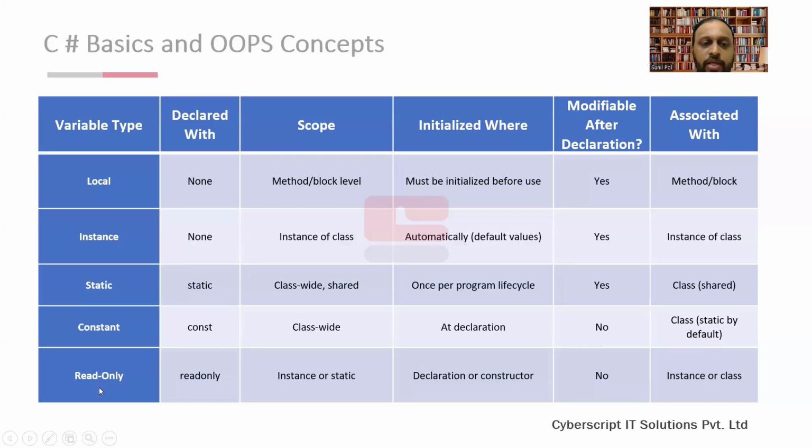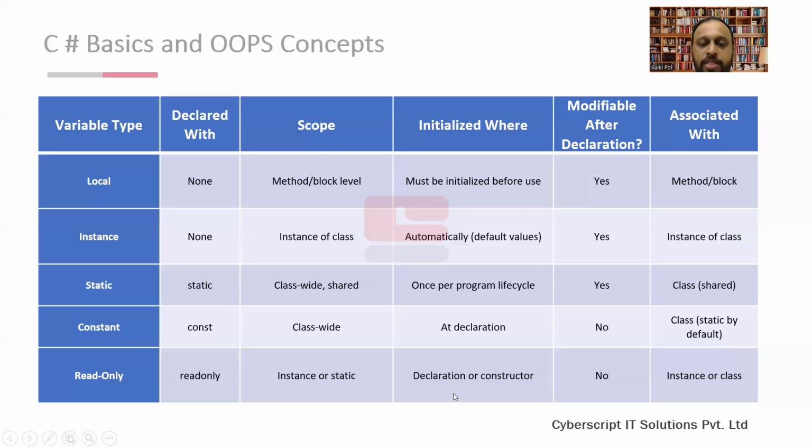So the next one is read-only variables. If you want to declare read-only variables, then you need to use the readonly keyword for that. Read-only variables are instance specific or static. At the time of declaration, if you use the static keyword, then it would behave as a static variable. And if the static keyword is not used, then it would behave as an instance variable.